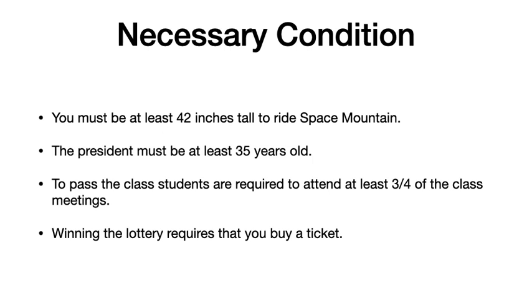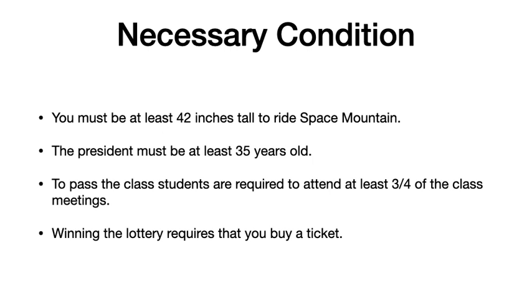But we're not saying that everybody who's 42 inches tall can ride Space Mountain. We're saying that no one who can ride Space Mountain is less than this tall. The president must be 35 years old. Not saying that every 35-year-old instantly becomes president of the US. We're just saying anyone who is president has to be this old.